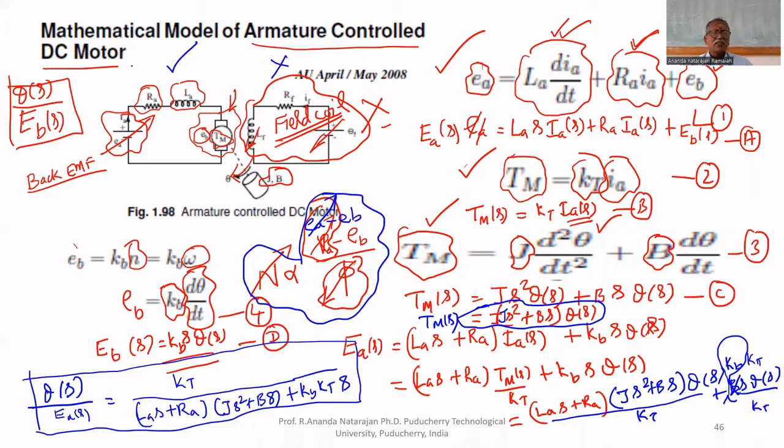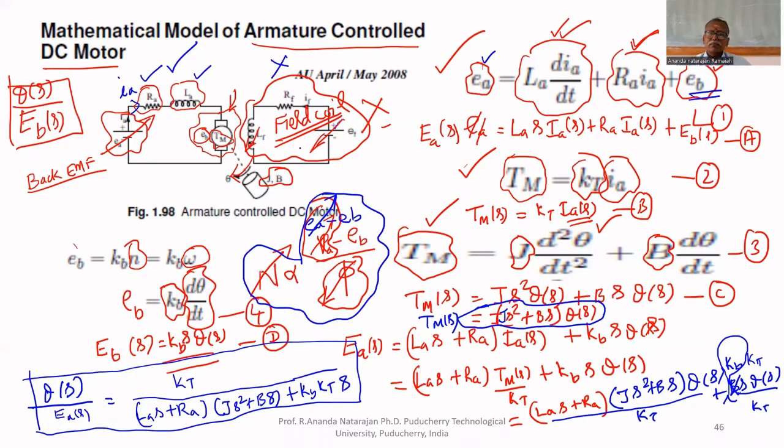The first equation: it has armature resistance, inductance, and back EMF. So the first equation is EA, the applied voltage, equal to LA dIA by dt, because the current through the inductor is the armature current IA, plus RA IA plus back EMF EB.